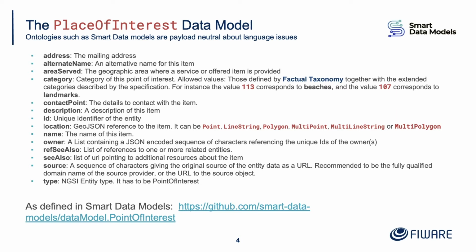I've highlighted category on the third line. The allowed values are defined by another well-known body, factual taxonomy, which extends the categories for the specification. For our particular case, landmark, it's 107, but it's a little bit more than that when we look into it. It's not for the data models to decide this. It's for the context broker to actually deal with the information as necessary.